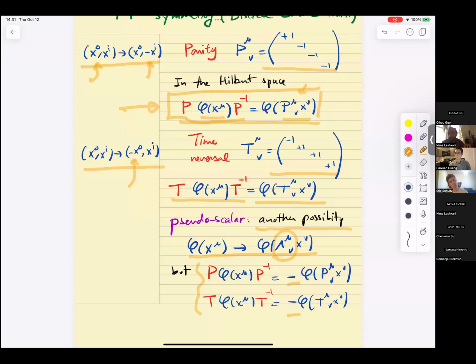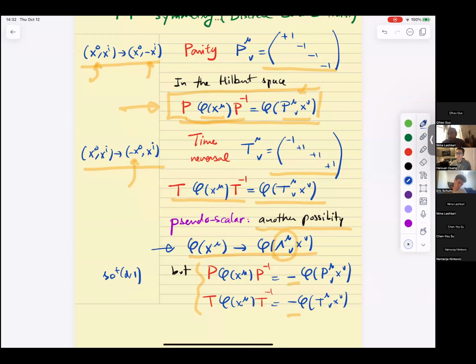A pseudo-scalar is a field that transforms as a scalar field with respect to the connected part of the Lorentz group, SO+(D,1). For the part of the Lorentz transformations that are connected to identity, it transforms like a scalar, like this.